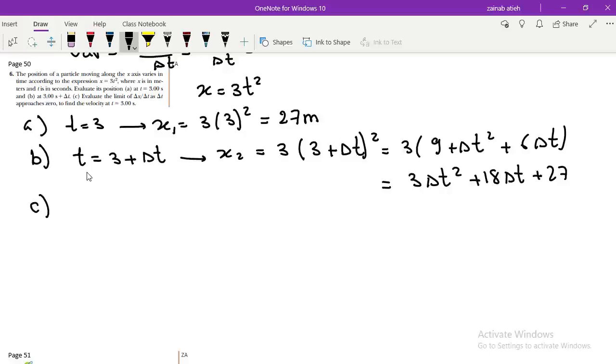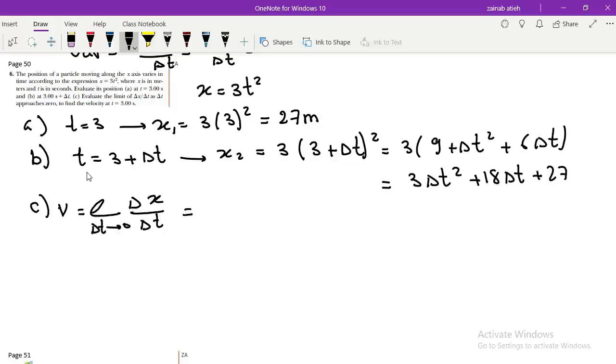We know the average velocity is delta x over delta t. But when delta t, the difference between the two points, becomes very small, the average becomes the instantaneous. So the instantaneous velocity at time t equals 3 is equal to the limit as delta t tends to 0. I'm talking about t equals 3 and t equals 3 plus a small difference, approximately 0, so I'm basically finding the instantaneous velocity at 3.